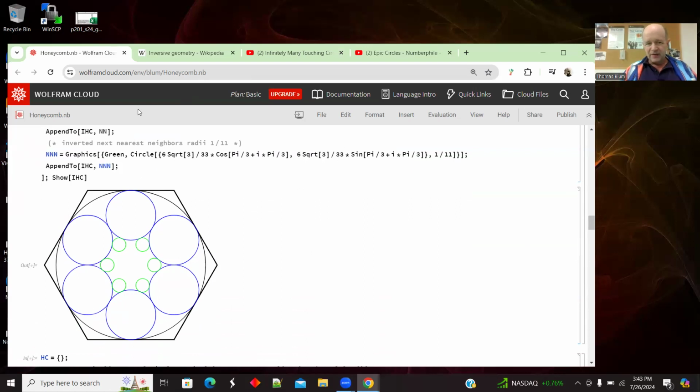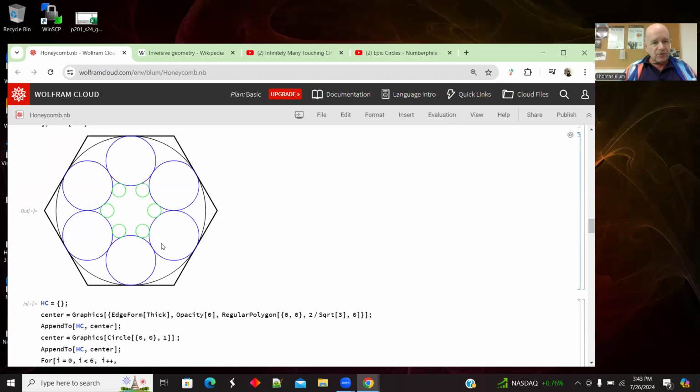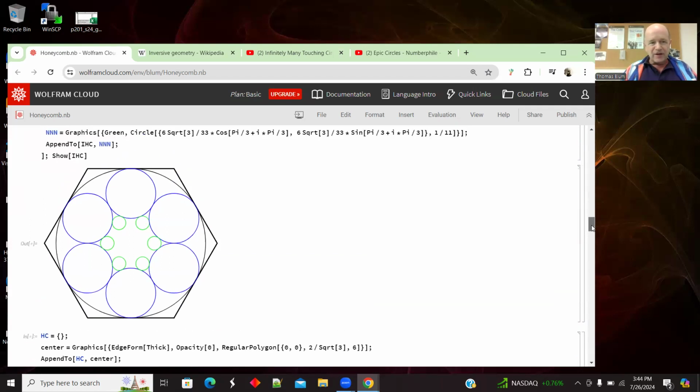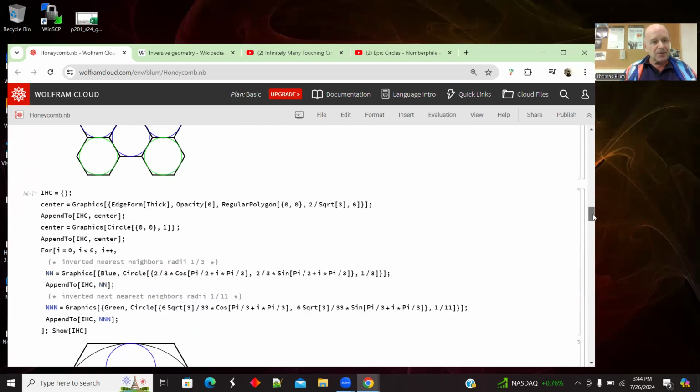So when I invert them, they're going to be smaller and closer. So there they are, sitting within these crevices. So the nearest neighbor inverted are the blue, the next nearest neighbor inverted are the greens.